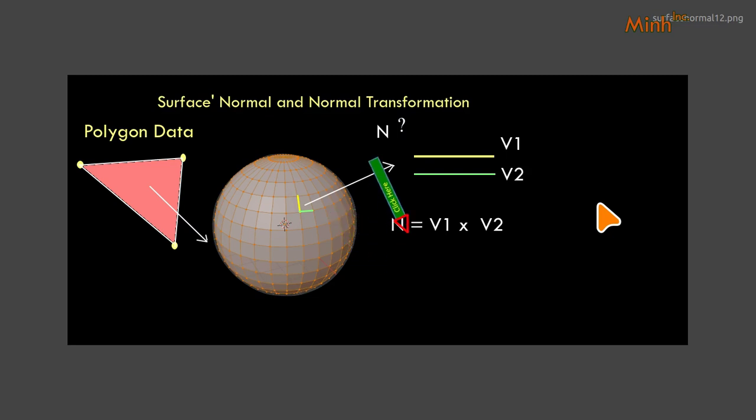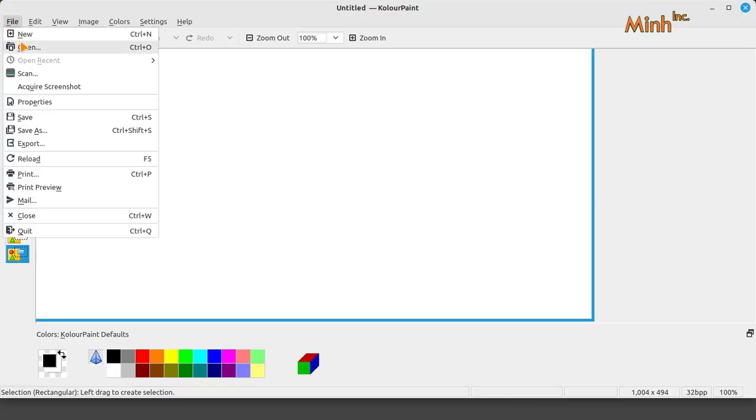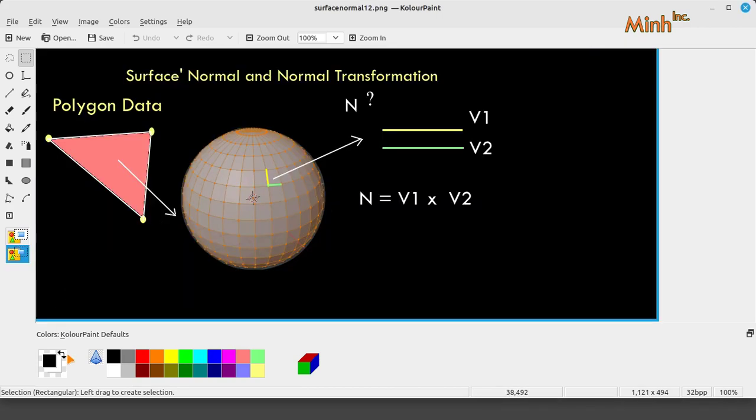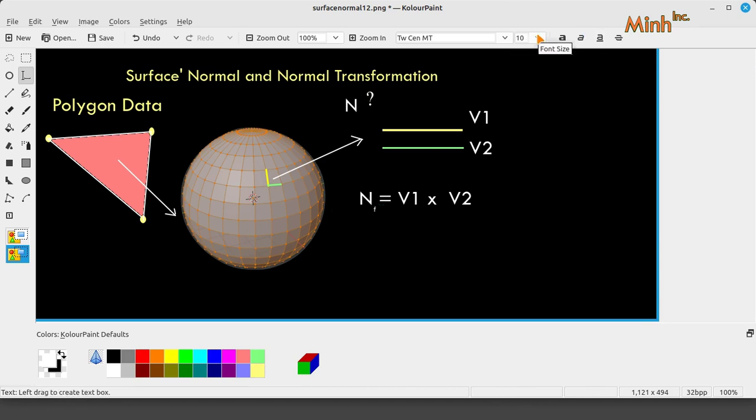So this is the normal of any facet. I can denote this as the sum over f, so this is for a facet f.